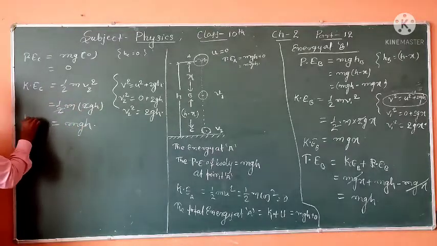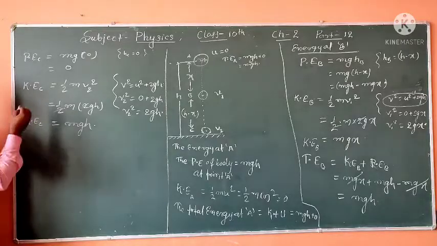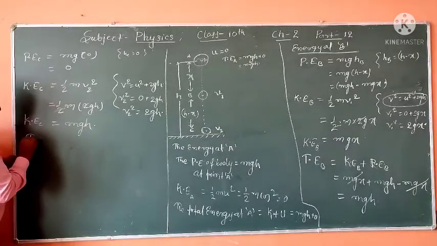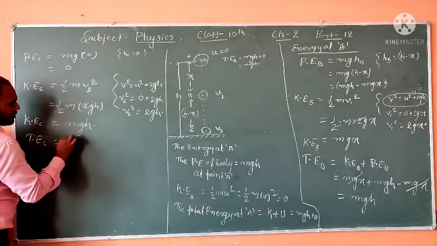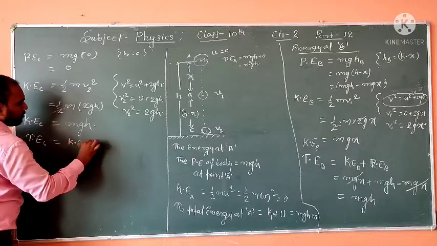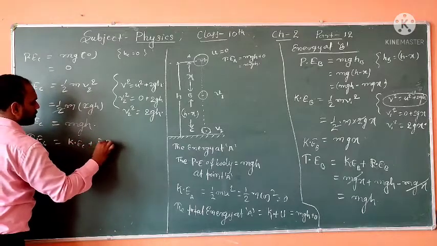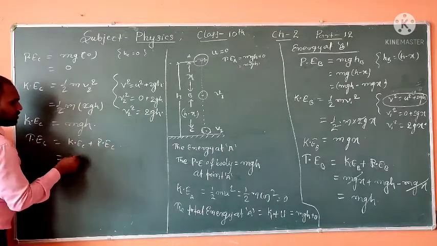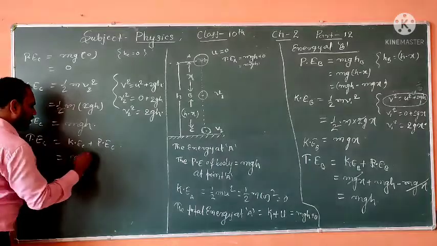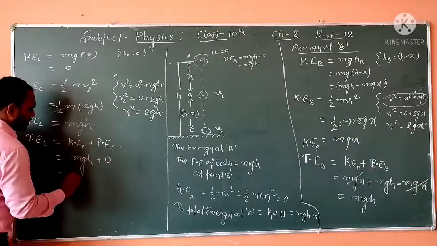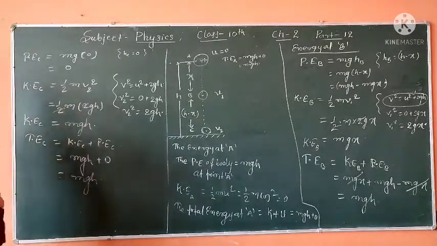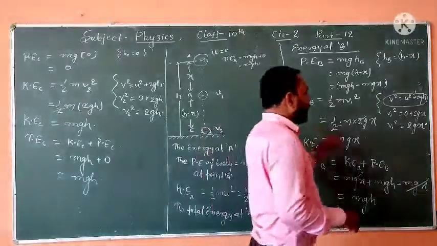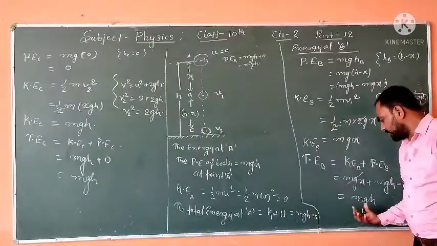Here the sum total of energy, I am writing for total energy at point C, is kinetic energy at C plus potential energy at C. The sum total is what? mgh plus 0, that is mgh. Okay here. So I hope that at the three points the sum total of energy is mgh.